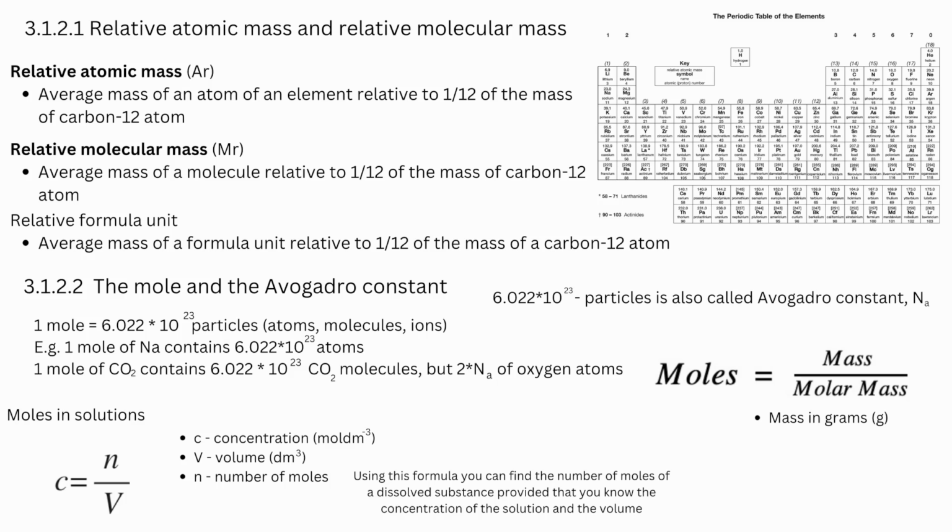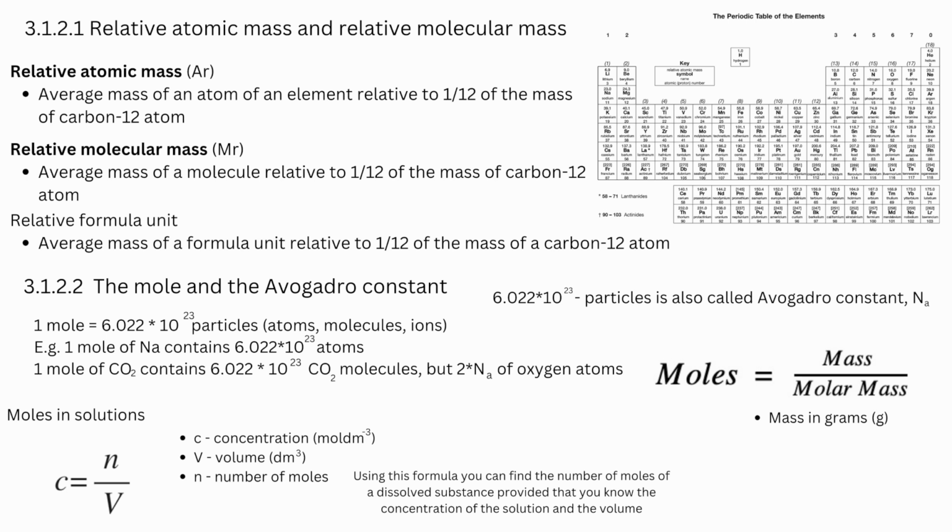Relative molecular mass, labeled Mr, is the average mass of a molecule relative to 1/12 of the mass of a carbon-12 atom. Relative formula mass may be unfamiliar to you, but it is a fairly simple concept. You know that ionic compounds do not have molecules, and instead they have ionic lattice structure, which form a crystal.